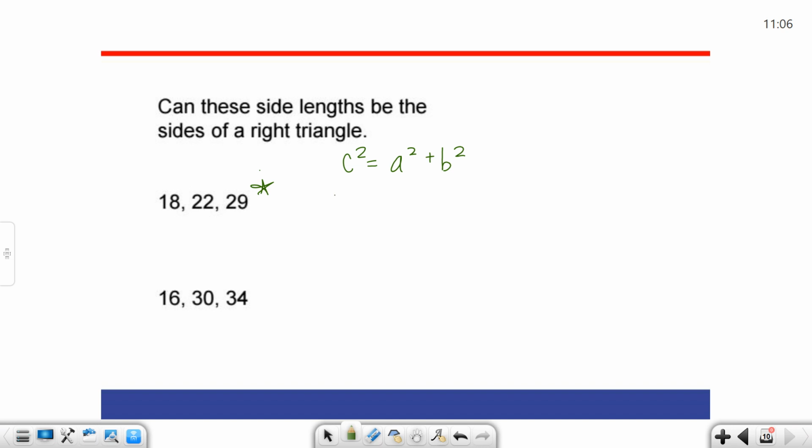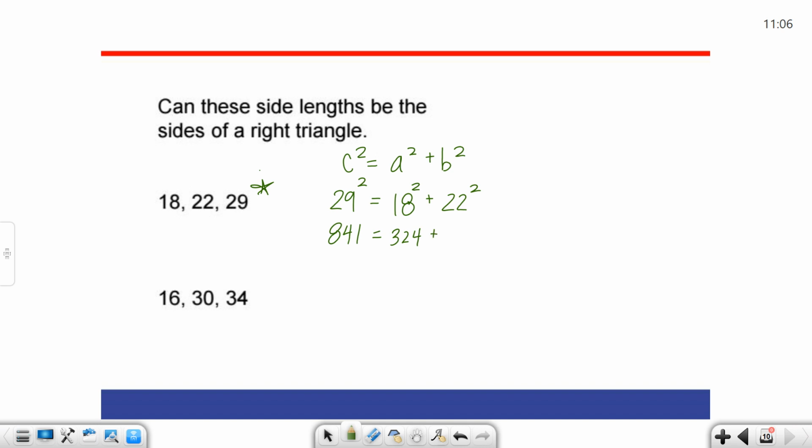Okay, so my longest side is 29. So if this is a right triangle, this equation is going to be true. This is when the calculators are very useful. 29 squared is 841. 18 squared is 324.